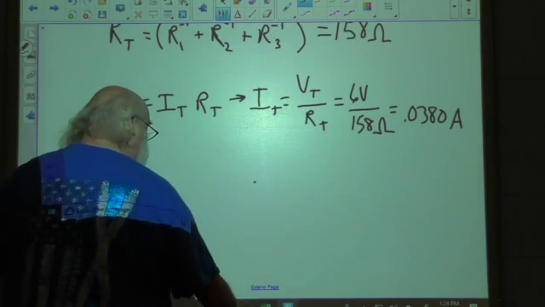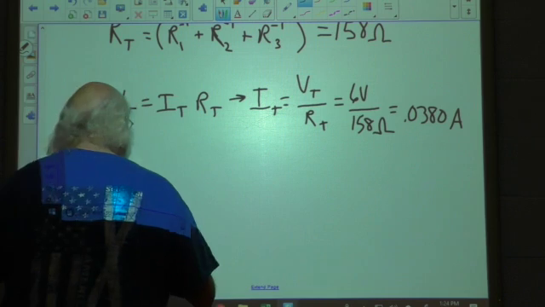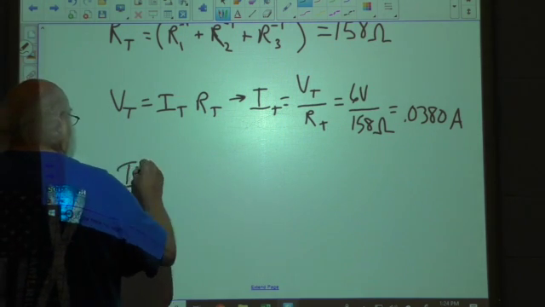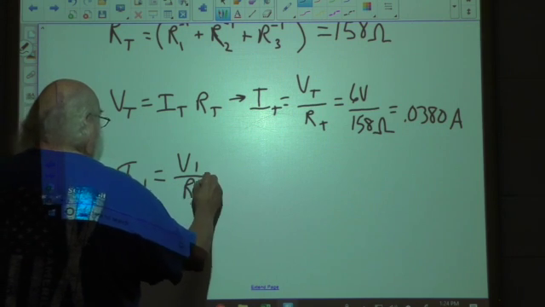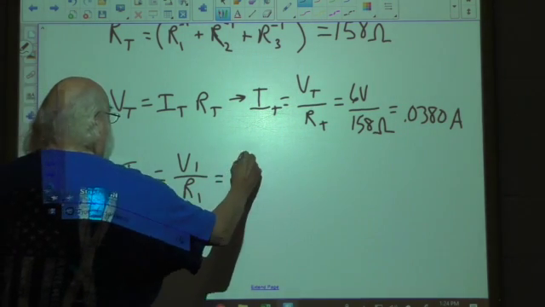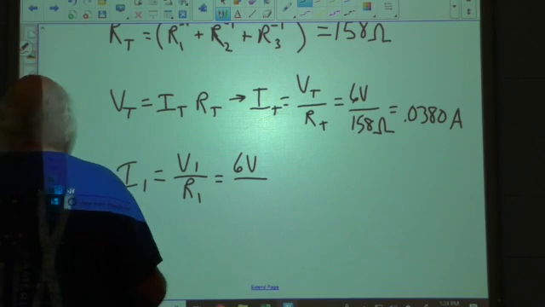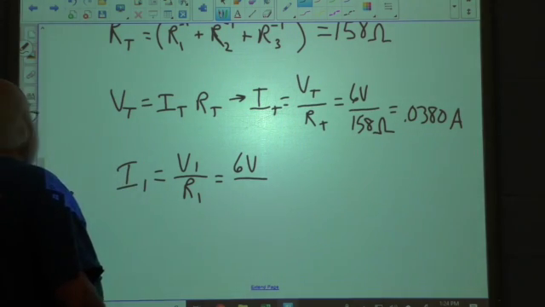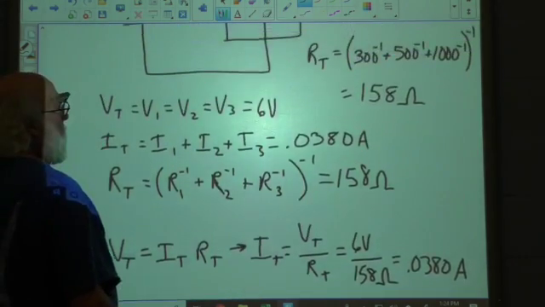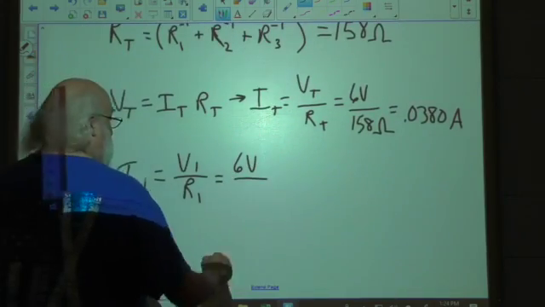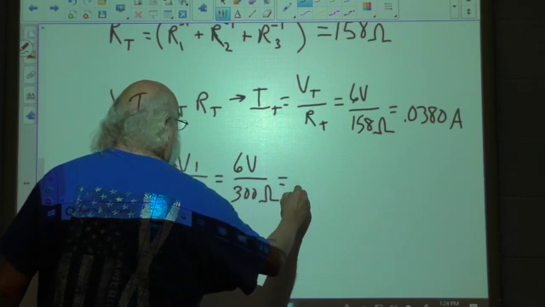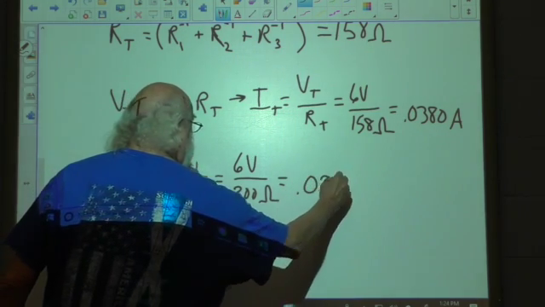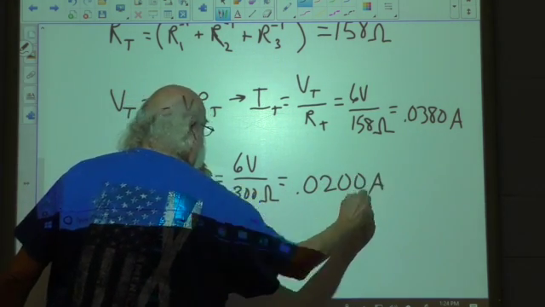So I1 is equal to V1 over R1. V1 we said is 6 volts. R1 we said was, I think we said 300, right? Yeah, 300 ohms. And that's going to give us 0.0200 amps.